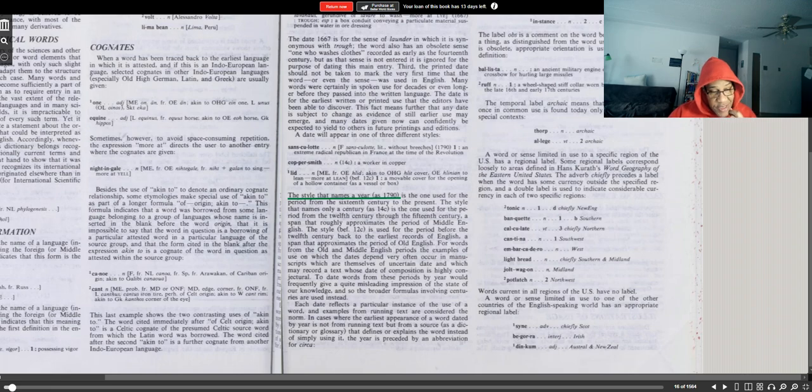And now look what it's doing too. Not only that, it's also telling us that this one is used for the period from the 16th century to the present. Let me highlight that.